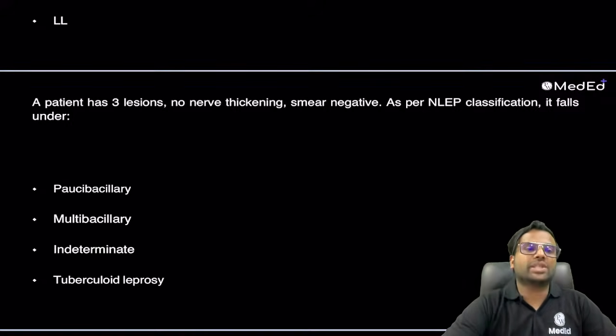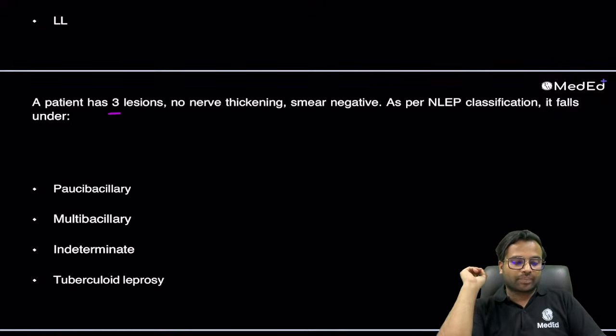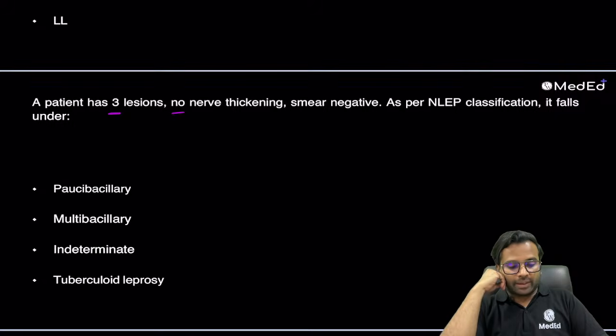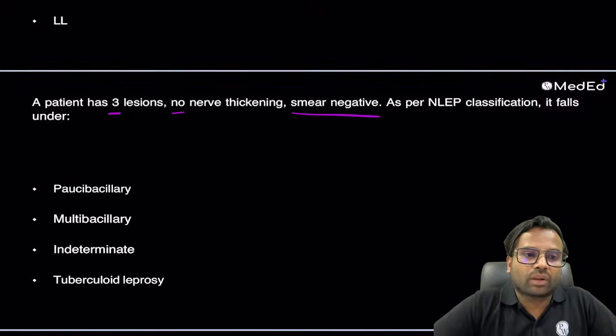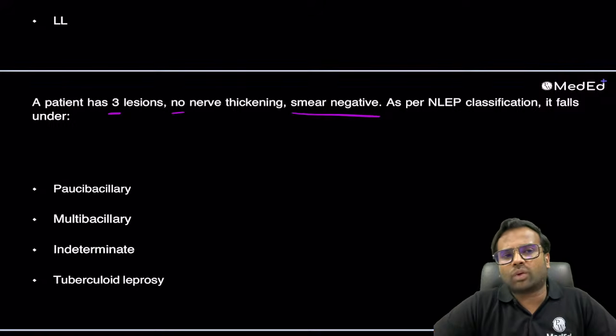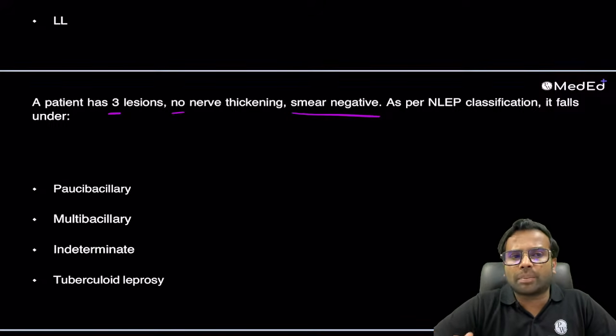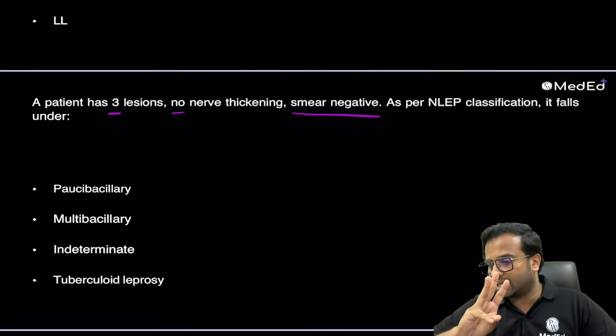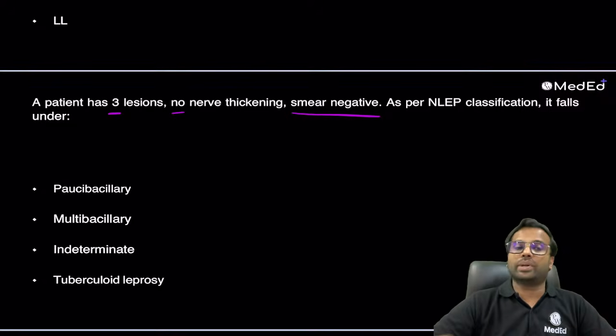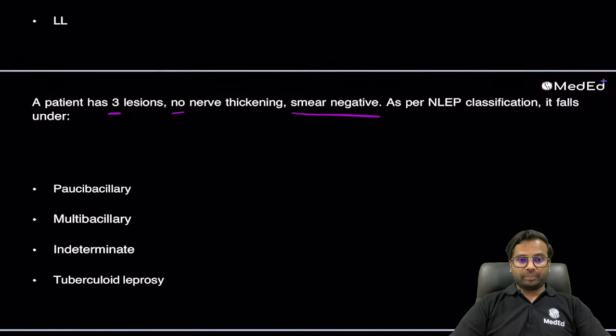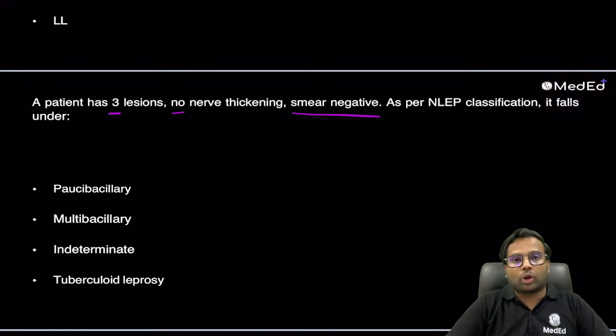A patient has 3 lesions, no nerve thickening, and smear is negative, which means no nerve is involved. Skin slit smear is negative, and overall number of lesions is just 3. So in this case, what should be the right answer? As per NLEP, paucibacillary, multibacillary, indeterminate, tuberculoid.